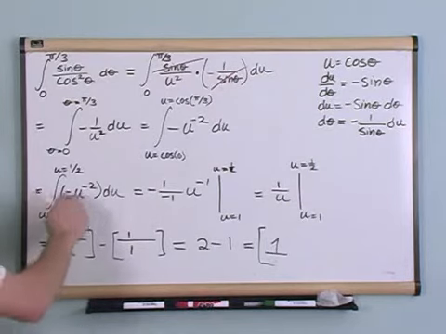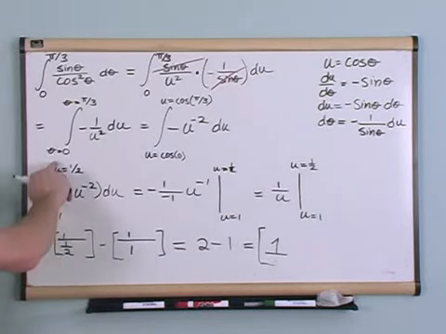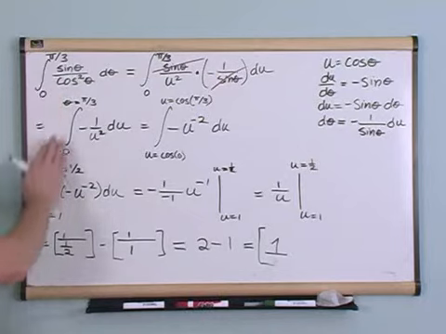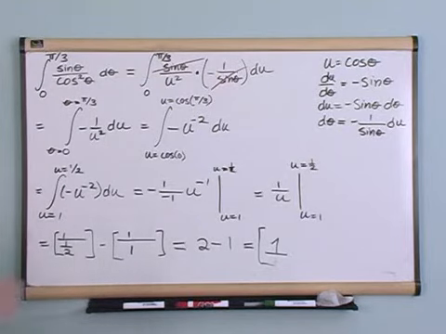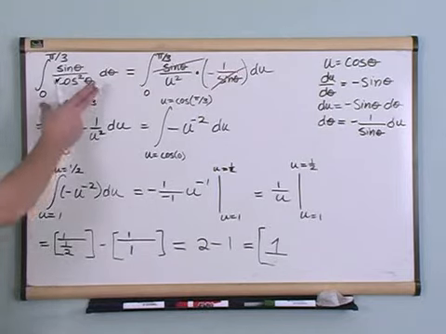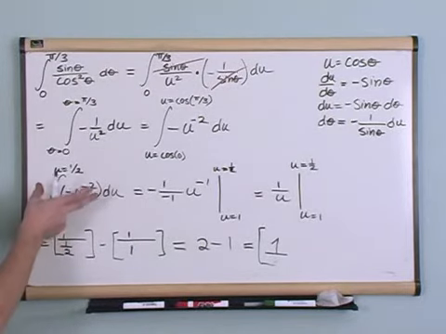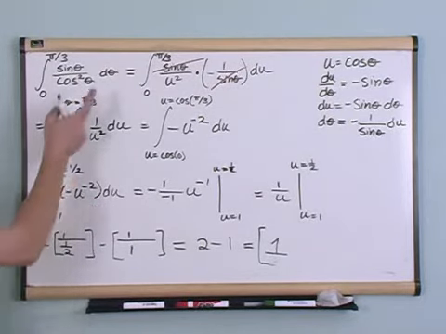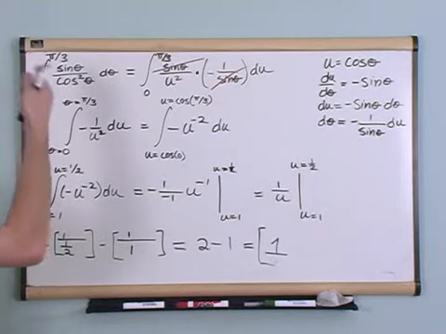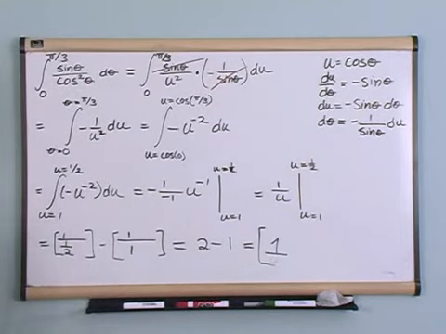You've got a u to the negative 2, and then totally different limits. But these integrals are exactly the same. They give you the same answer, okay? And that's why substitution works. This integral looks different than this one, but this gives you the same answer. And since you're interested in the answer, that's why these tricks help you out.